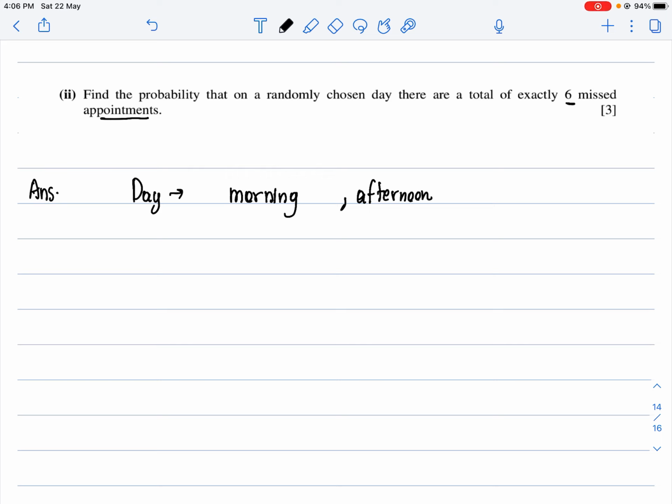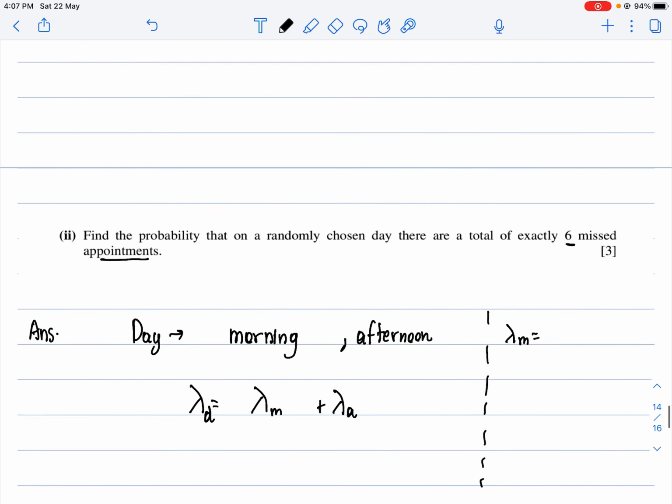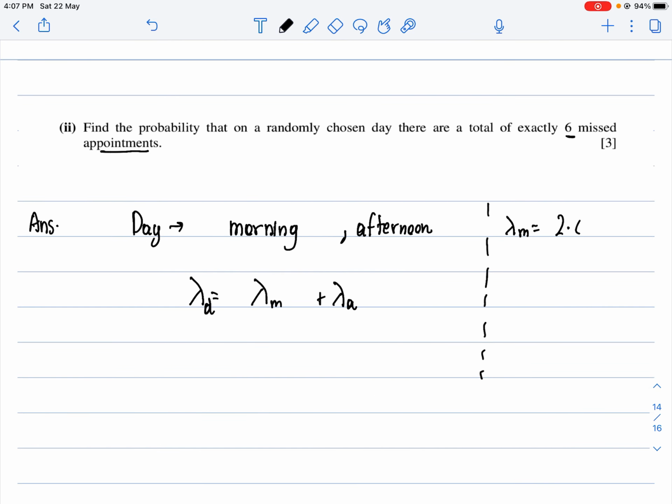So your lambda will be the lambda of the morning plus the lambda of the afternoon, and you can call this the lambda of the day. Now I know the lambda of the morning, which we calculated in part 1, is simply 2.8.